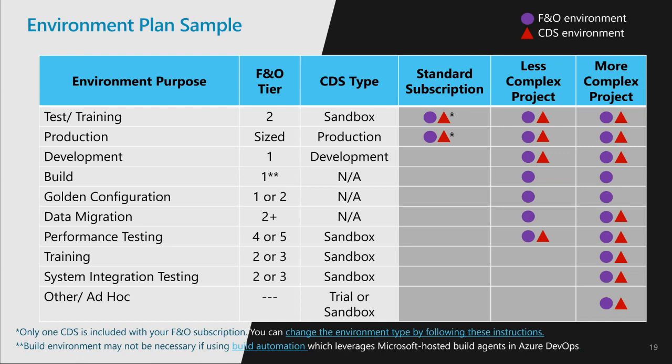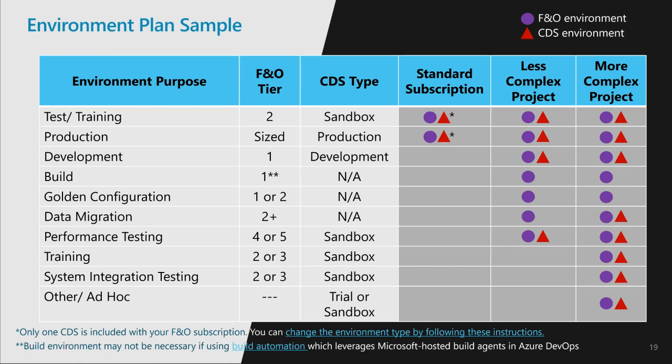As for the development environment, you will need to consider Tier 1 environment, which has Visual Studio installed for writing code, because the same Tier 1 environment couldn't be shared by multiple developers at the same time. So make sure you have the same number of Tier 1 environments as the number of developers. For example, if you have 3 developers, then you need to have 3 development environments.